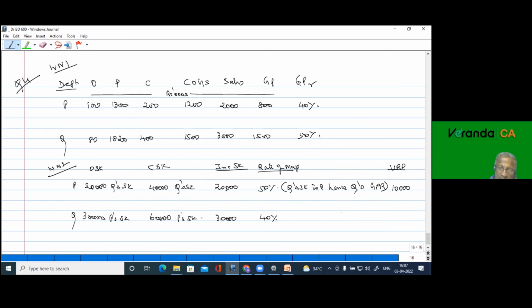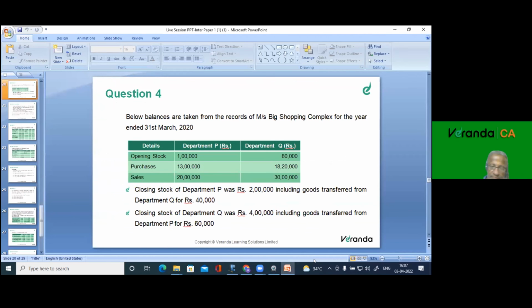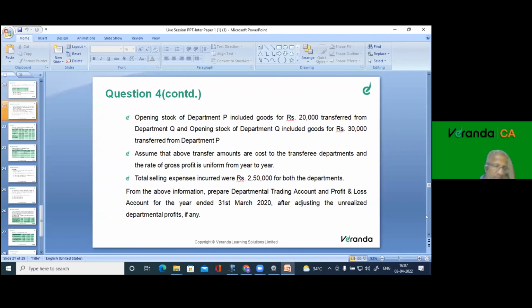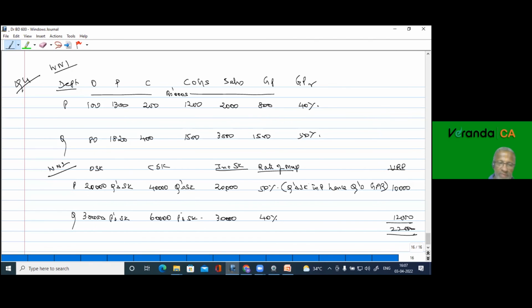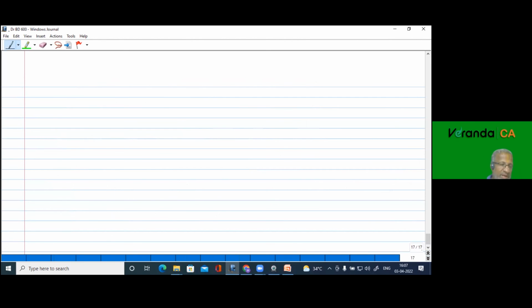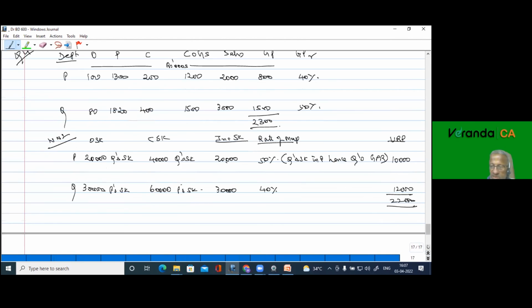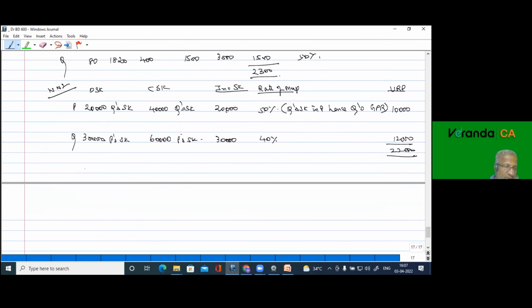Here it is 40%, 12,000, so 22,000. So the departmental trading account, P&L account, and total selling price 250,000. So gross profit is 2,300, unrealized profit 22. So without even preparing the departmental profit and loss, there is a columnar form we can complete.